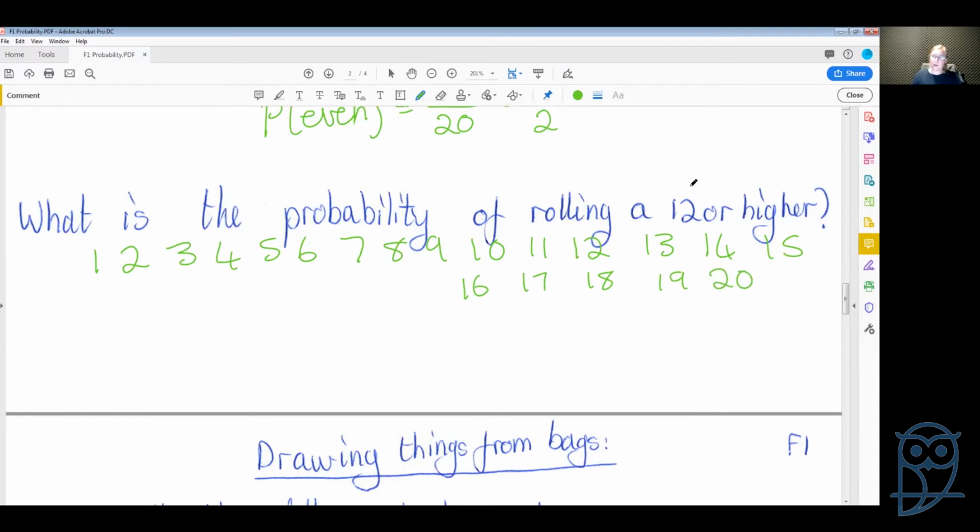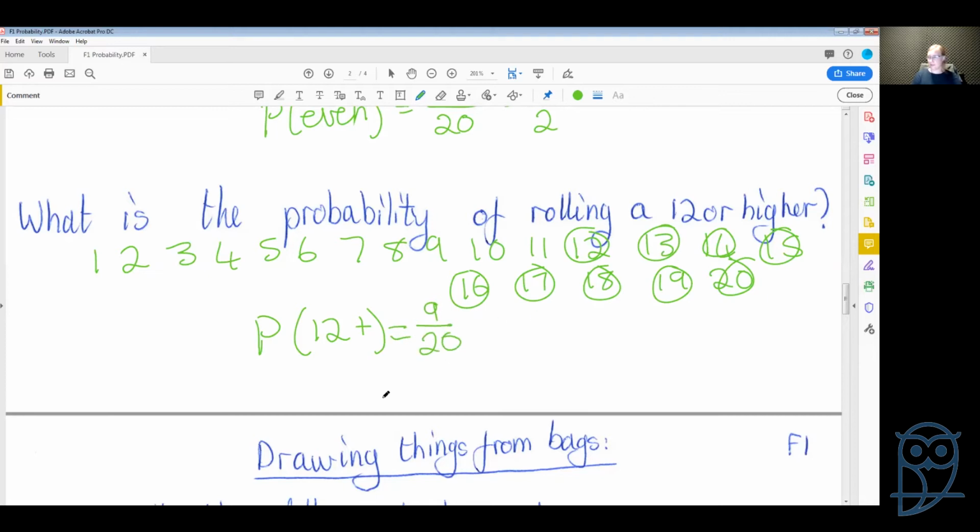Okay, so we want a 12 or higher. So there's a 12, and these are all higher. Okay, so now we can go count the amount of outcomes. So we've got 1, 2, 3, 4, 5, 6, 7, 8, 9. So our probability of rolling a 12 or higher is then 9 out of 20.